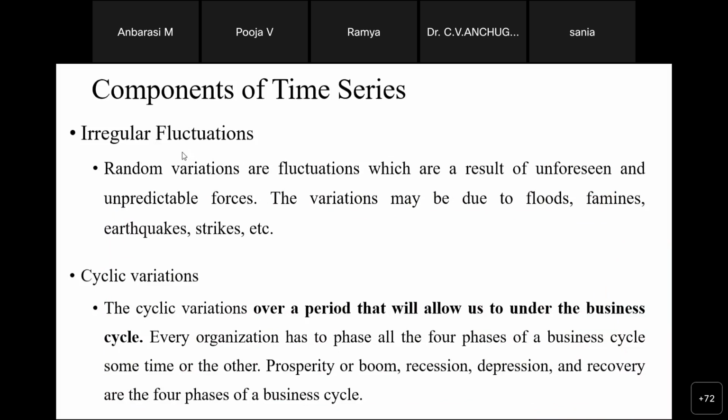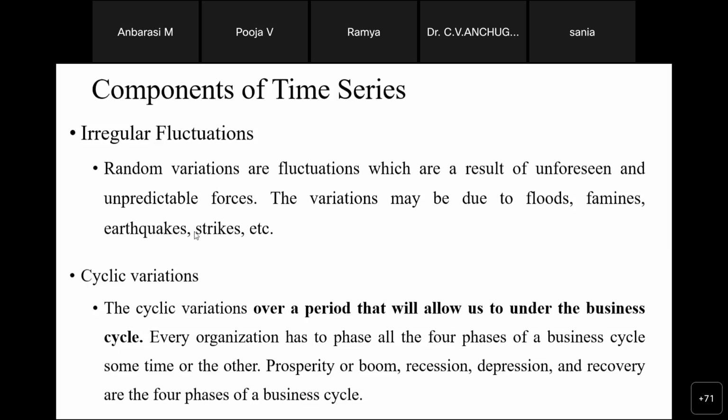Or during the corona period, if you take that, there also will be some fluctuations. Medical products and most of the products had very high sales. Even paracetamol, the number of sales was higher. So due to unforeseen or unpredictable forces, the variations may be due to a flood or earthquake.